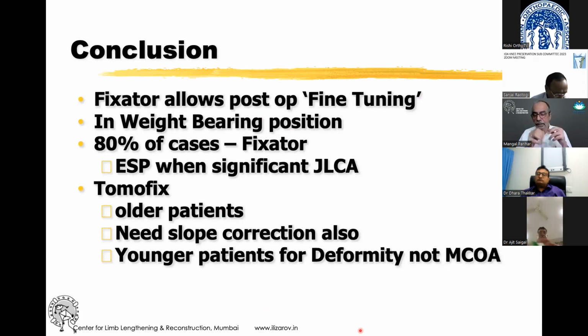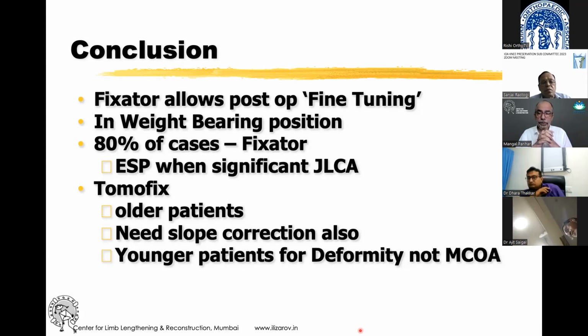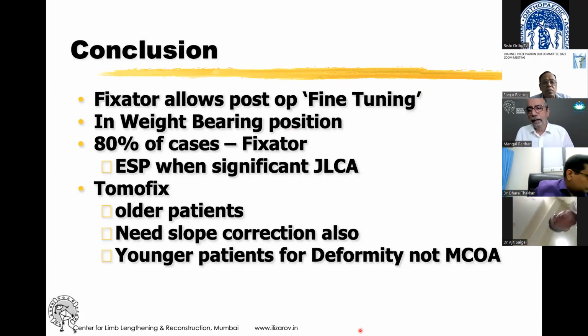And in younger patients, where I am doing it for deformity and not for medial compartment osteoarthritis, even if you are slightly a couple of degrees undercorrected, it doesn't really make a difference. They are coming to get the limb straight. Whereas in medial compartment osteoarthritis, I think going a little bit over, at least on the lateral side, is important to reduce the chance of undercorrection and recurrence of pain after, let us say, 7, 8, 10 years.